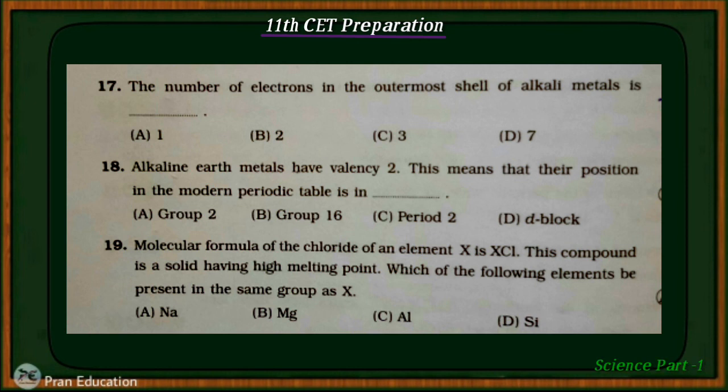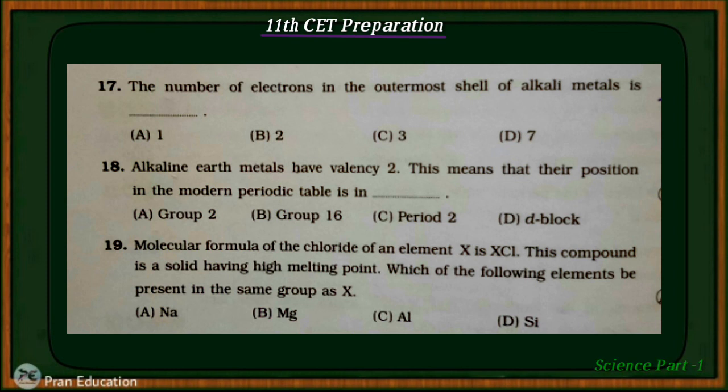18th, alkaline earth metals have valency 2, and this means that their position in the modern periodic table is in dash. Options A, group 2, B, group 16, C, period 2, and D, d block. The correct option is option A, group 2. 19. The molecular formula of the chloride of an element X is XCl.